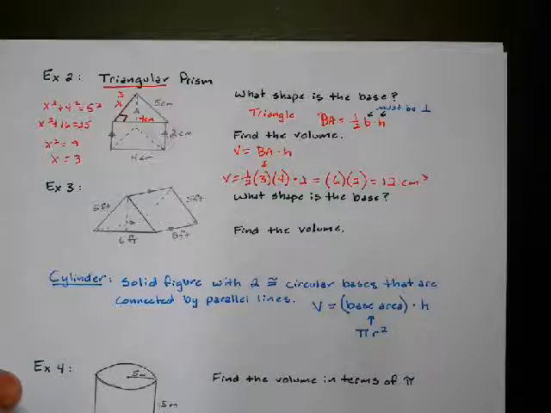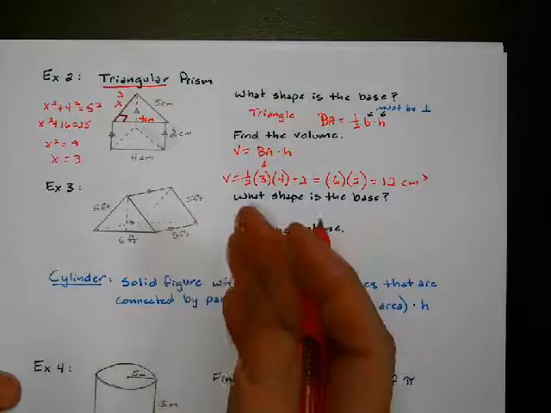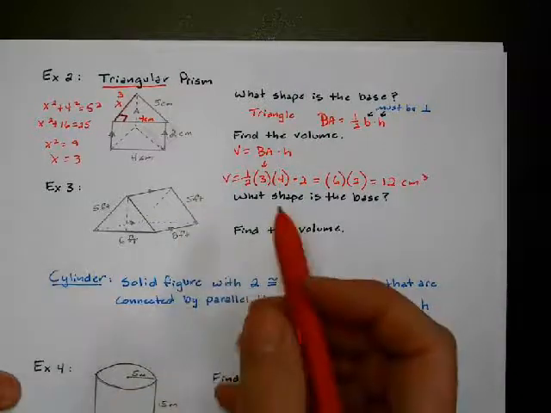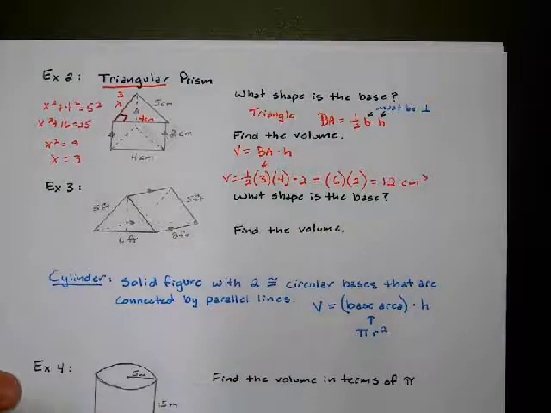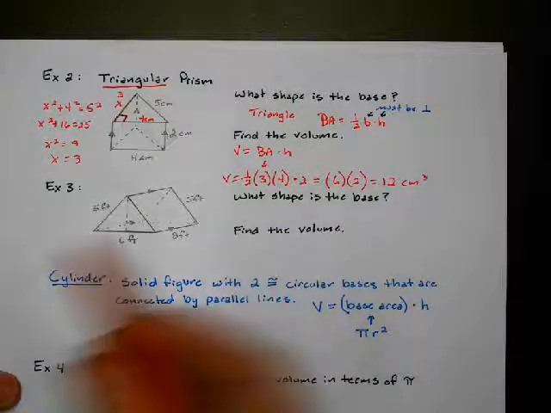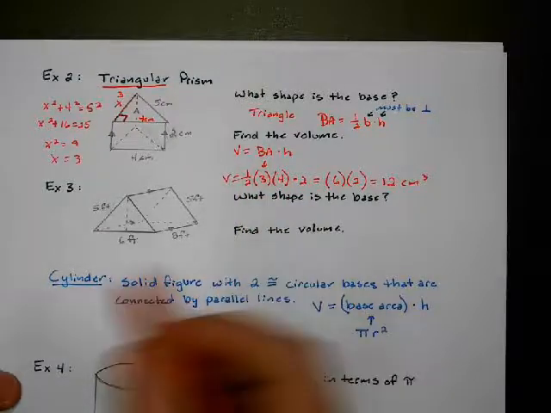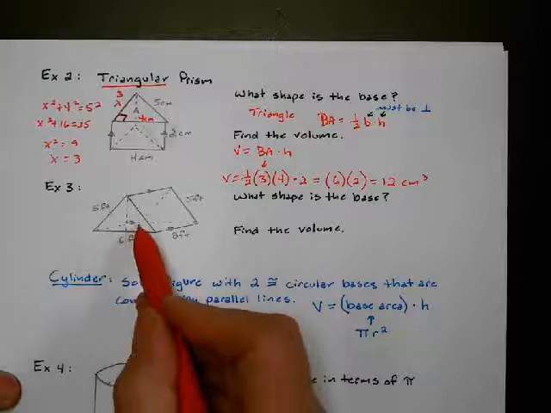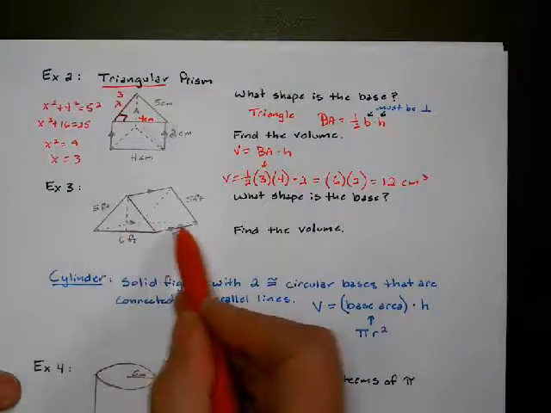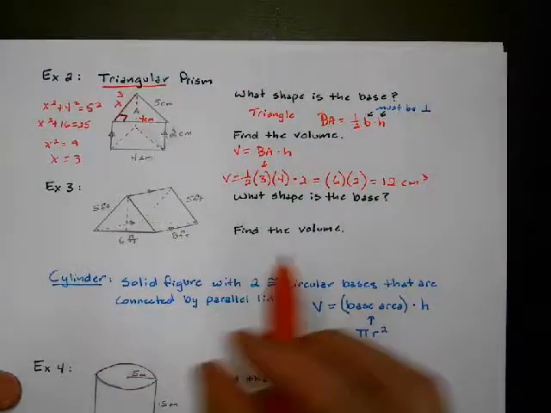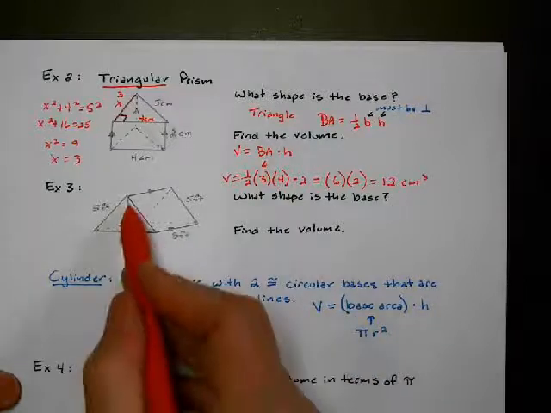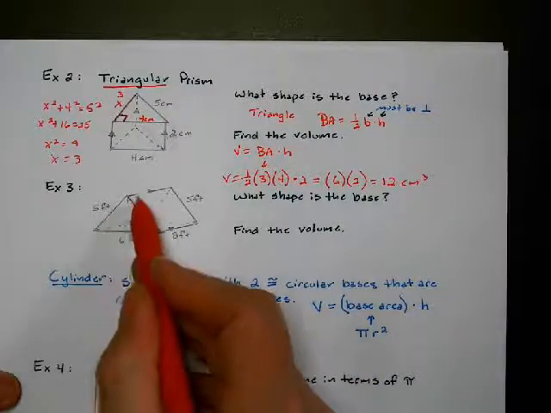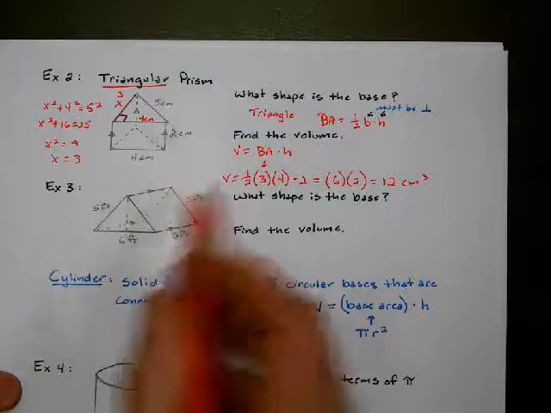All right, next one. On this one, we have another triangular pyramid. How do I know it's not a rectangular pyramid? I said pyramid. I meant prism. How do I know it's not a rectangular prism? So a lot of people say, oh, there's a rectangle there on the bottom, it must be a rectangular prism. It's not, because these sides are not parallel, and it's not connecting it to another rectangle that's the same size.